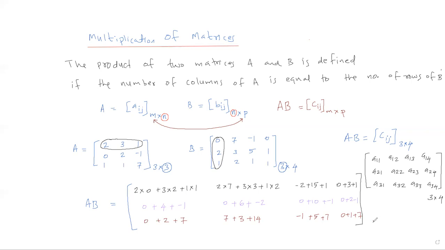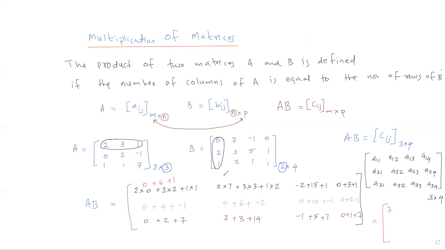So that is equal to: 2 plus 6 plus 1, how much will it come? 9. Sorry, 2 into 0 is 0. Yes, 6 plus 1 is 7.